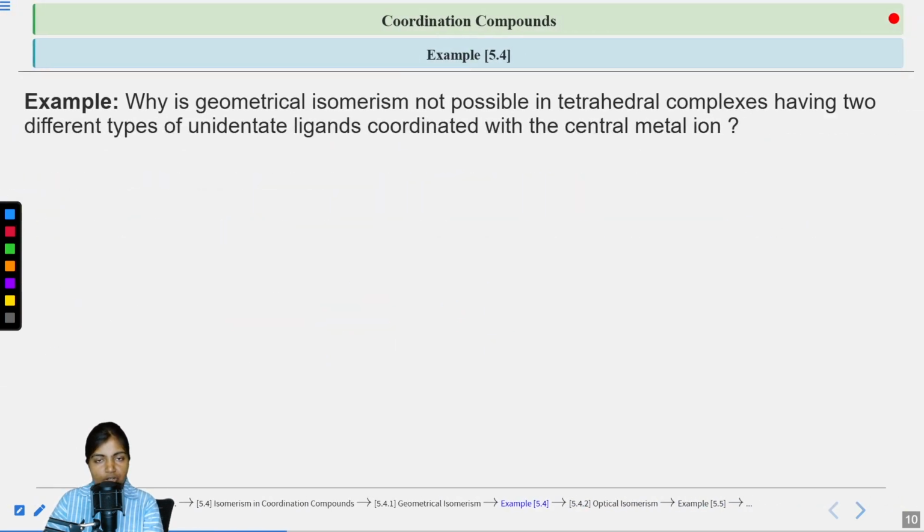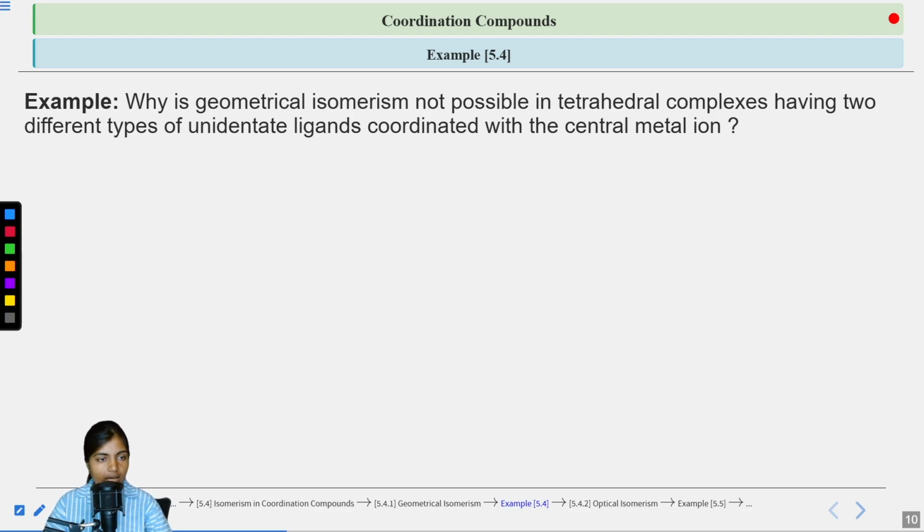Okay, now let's do an example here. First of all, example 5.4. The question is: why is geometrical isomerism not possible in tetrahedral complexes which have two different types of unidentate ligands coordinated with the central metal ion?